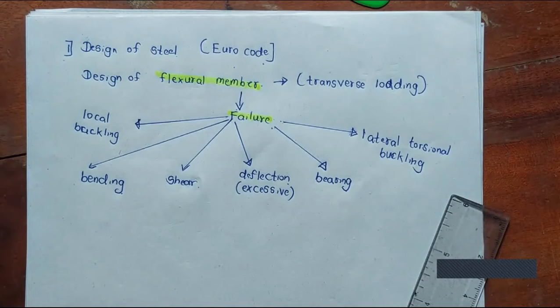So for the bending resistance, the classification is in clause 6.2.5 in Eurocode 3. It's necessary to classify the section based on local buckling. Local buckling is usually caused in thin sections, sometimes called slender sections.